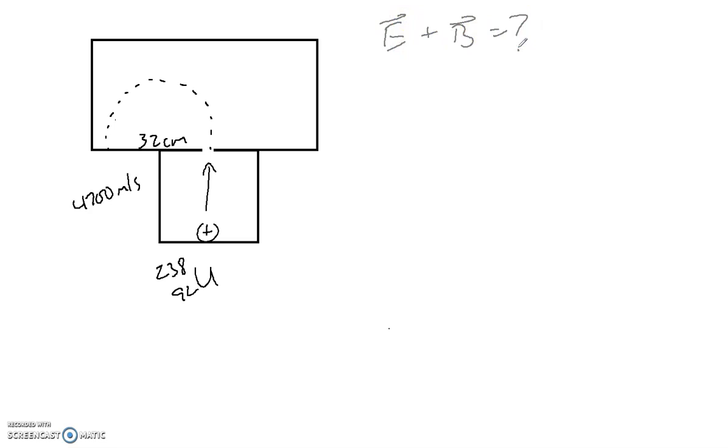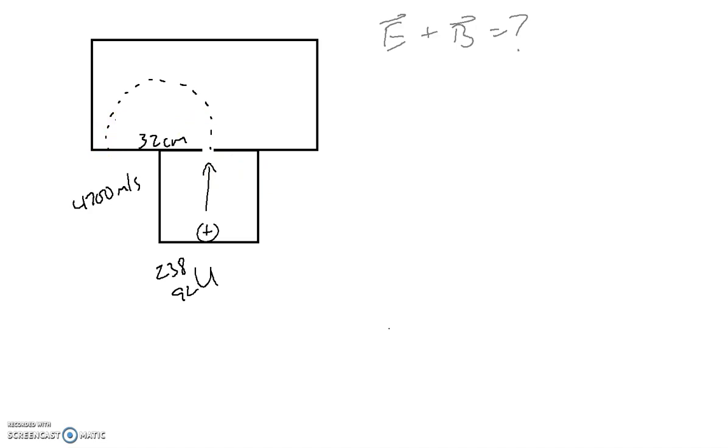I'm going to start by actually drawing them. First things first, there's a couple ways you can do it, it doesn't make any difference, but we'll just figure it out. We have the positive charge coming up down here, and the magnetic field shoves it to the left. If the magnetic field is shoving it to the left, that means my electric force has to shove it to the right.